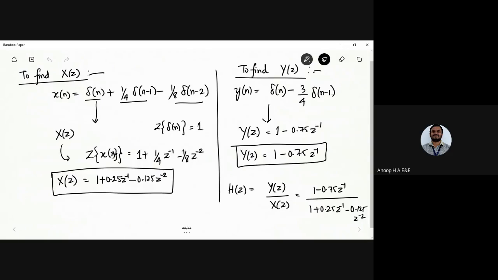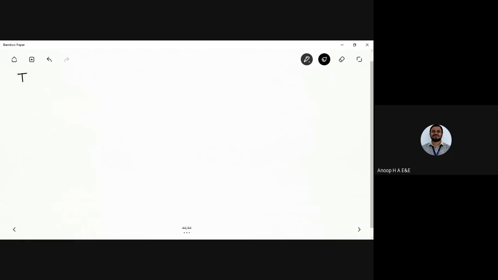Let me write h of z again as the transfer function. H of z equals 1 minus 3 by 4 z inverse divided by 1 plus 1 by 4 z inverse minus 1 by 8 z power minus 2.